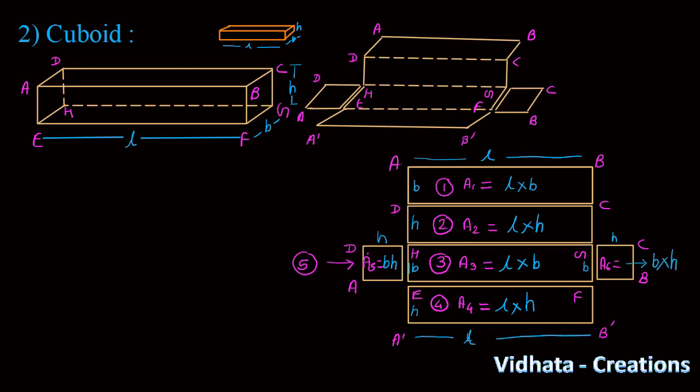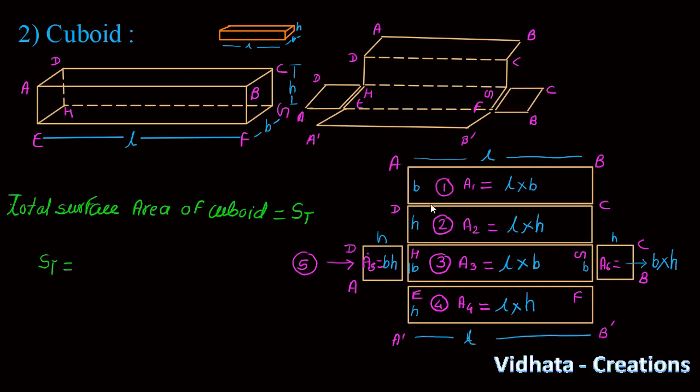Now let us calculate the total area. If you take the areas one by one, then you will get the total surface area of the cuboid, which is denoted by ST. Therefore, I will write ST is equal to area number 1.